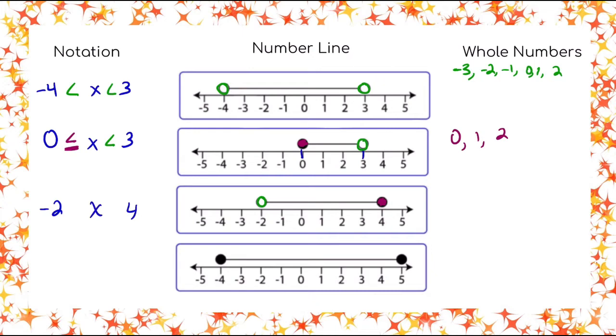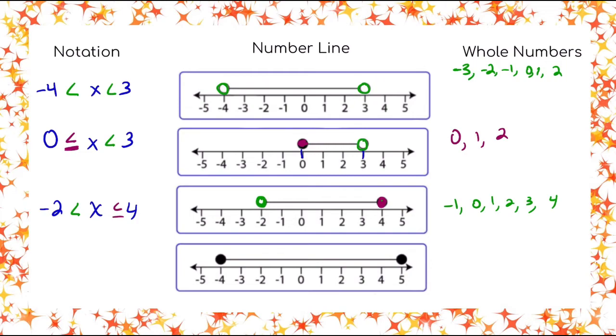And then my first symbol is with an open circle. My second one is with the closed circle. So it's the same thing as the one before, it just switched. And then the numbers that are actually included, well, -2 is not included because it's an open circle. So I'm going to do -1, 0, 1, 2, 3, and then 4 is included because of the closed circle.